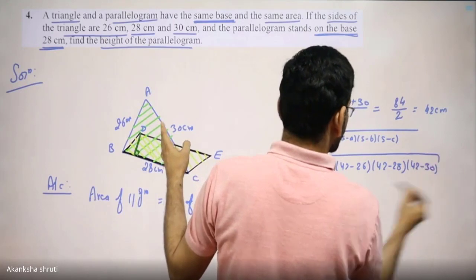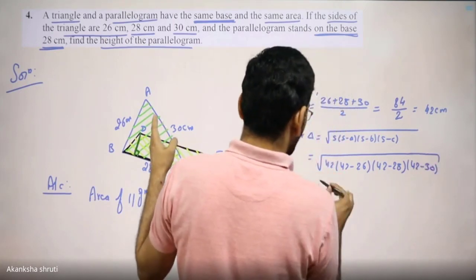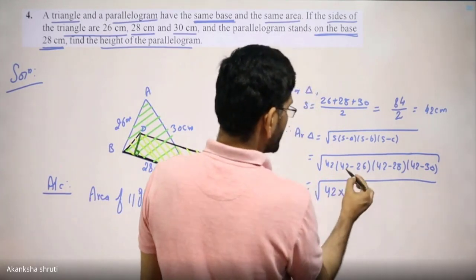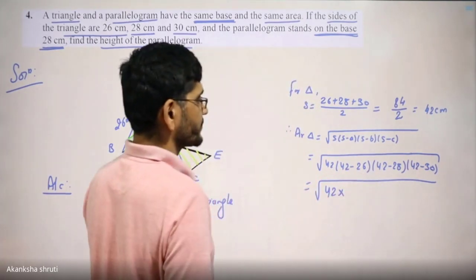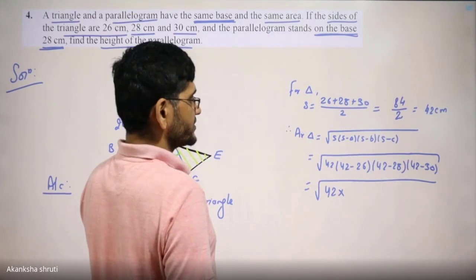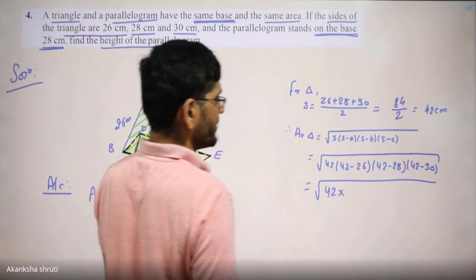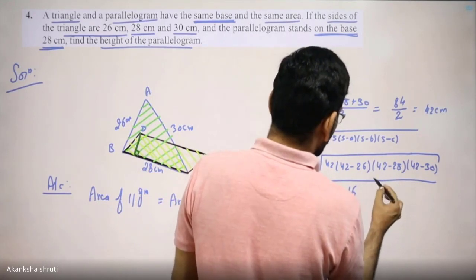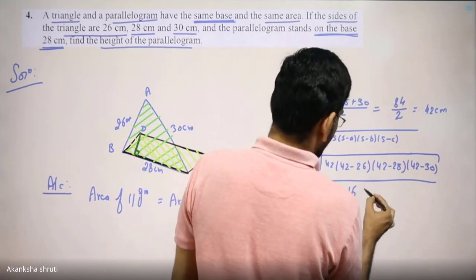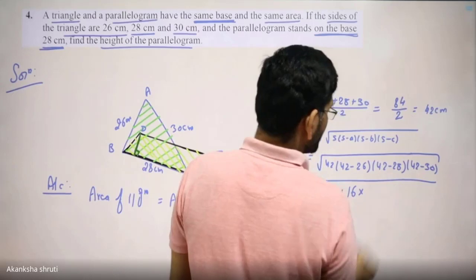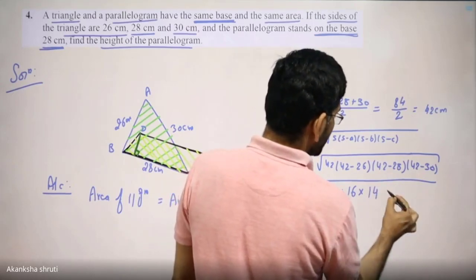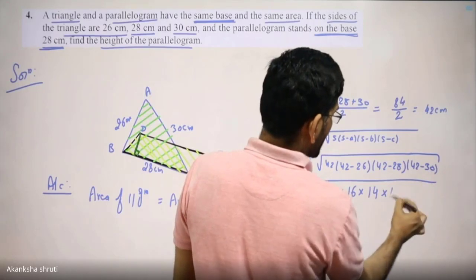Very good. So students, this we can quickly calculate. 42 into 42 minus 26, how much does it become? 16, multiplied by 42 minus 28, 14, into 12.